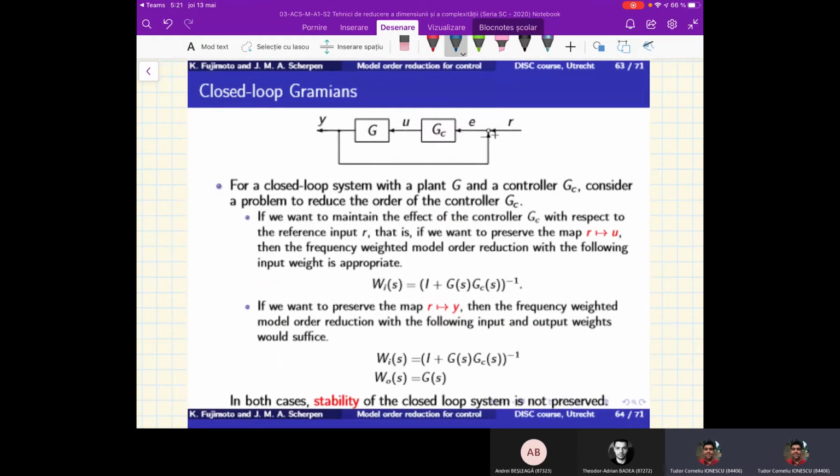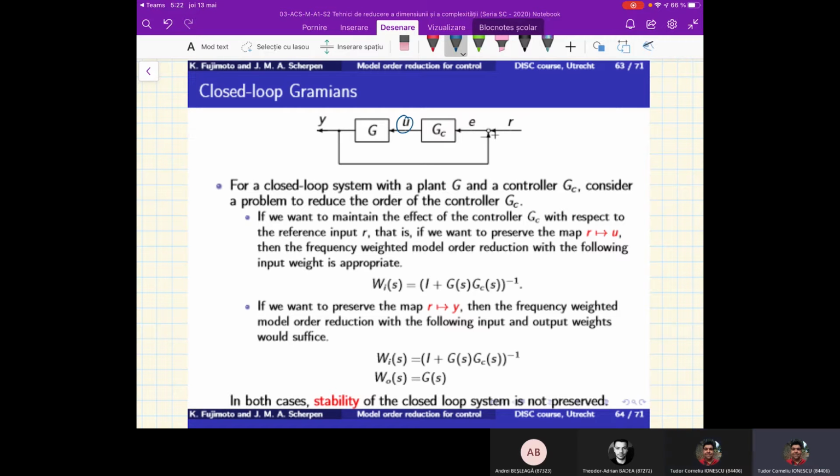Closed loop Gramians. Okay. So this is where we get to the moment of the controller model order reduction. For a closed loop system, this is the plant, GC is the controller, you have the error, you have the reference, this is the control.